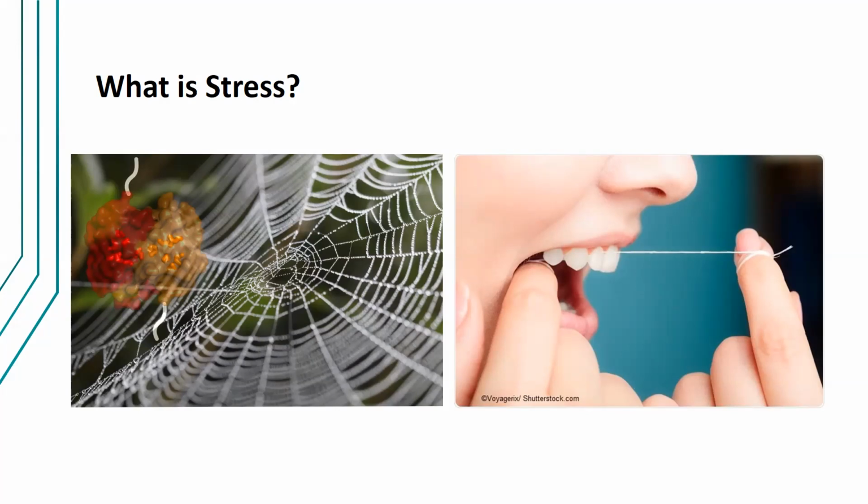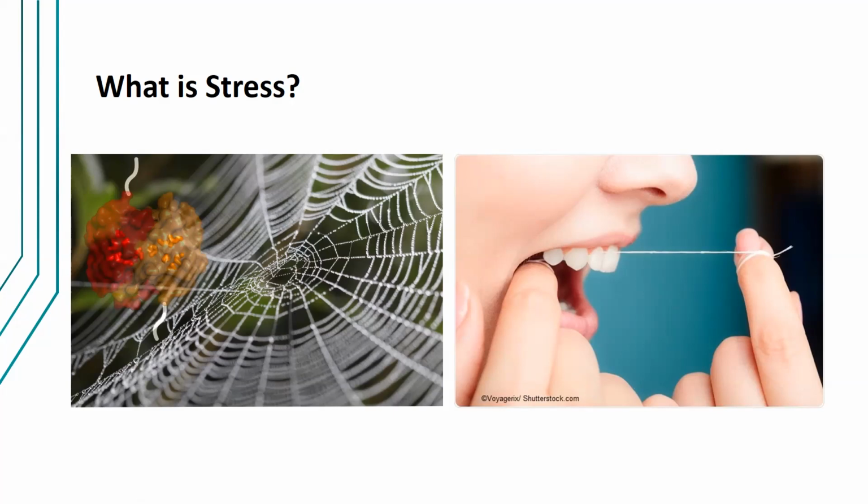So I have here two pictures. One is spider silk, which is more biological in nature, and the other is a dental floss, which is more of a household material. We are often told that the spider silk is strong, but by experience, a strand of spider silk can be more easily broken compared to a strand of floss.